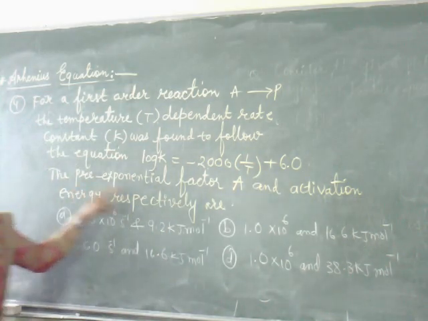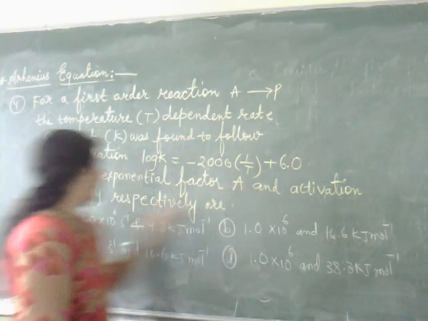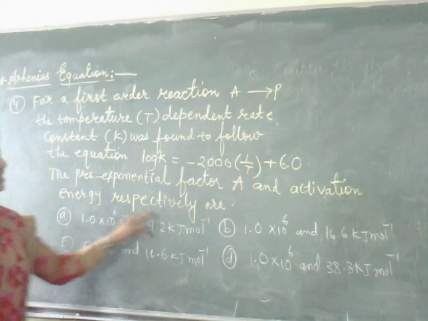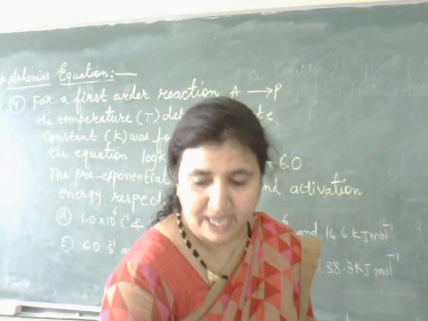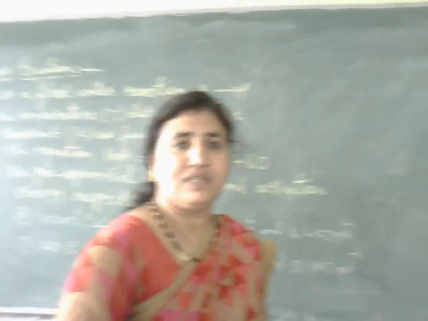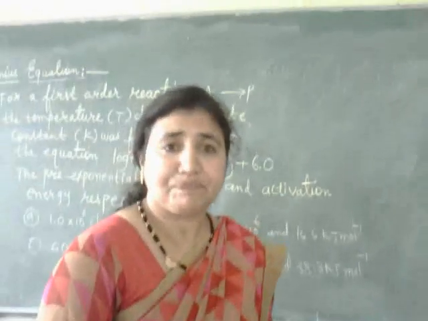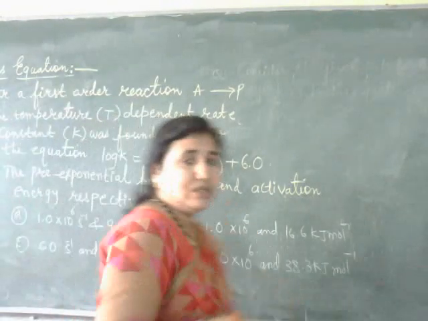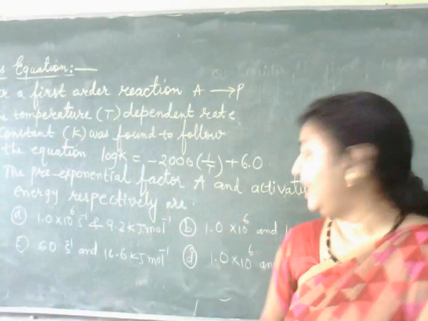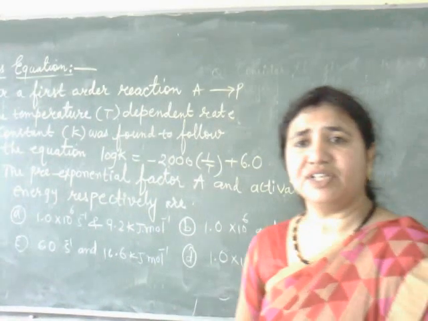The pre-exponential factor A and activation energy respectively are. So they have given here one equation for first order reaction. Based on that one you have to find out pre-exponential factor A and activation energy.